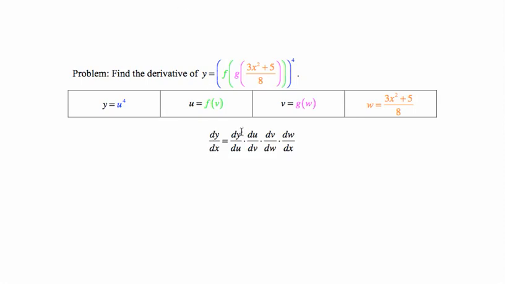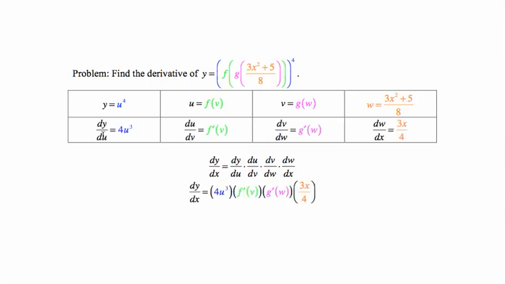So I write down the derivative that I want. I want dy/dx, and the way that I will chain that together is I'll find dy/du, and then du/dv, dv/dw, and dw/dx. And I'll multiply all of those together. If you've done that correctly, the main dependent variable will be on the top left here, and the main independent variable will be in the bottom right. By main, I mean in the original problem. So let's see.